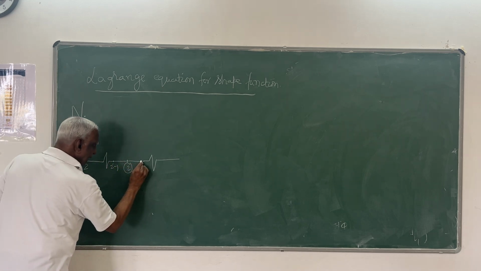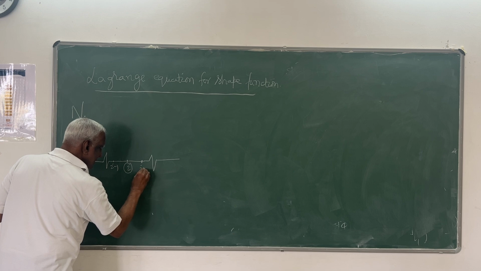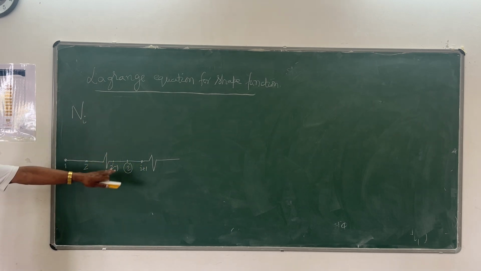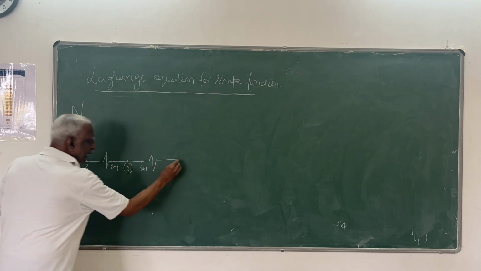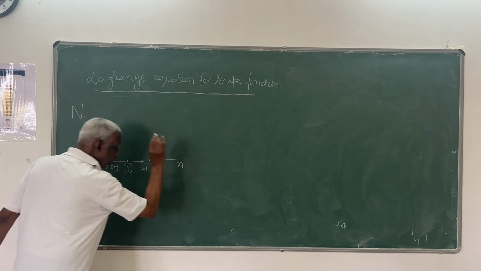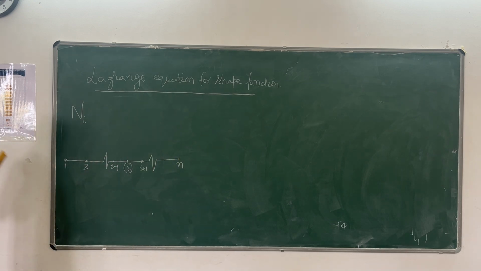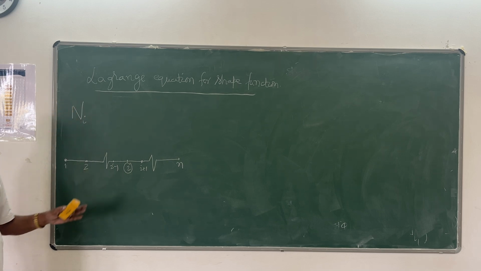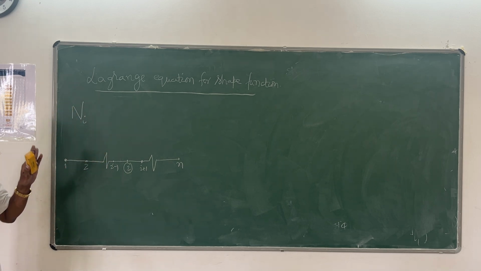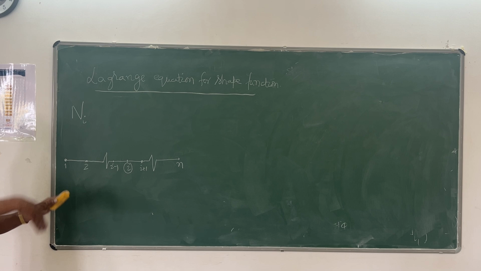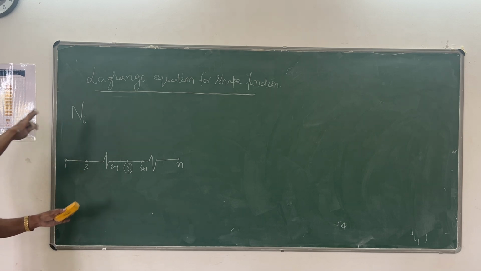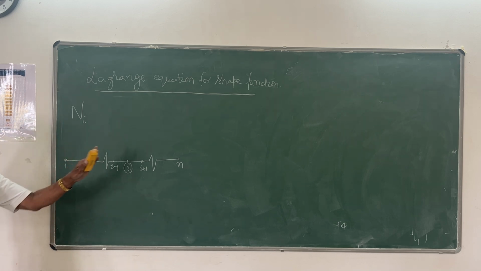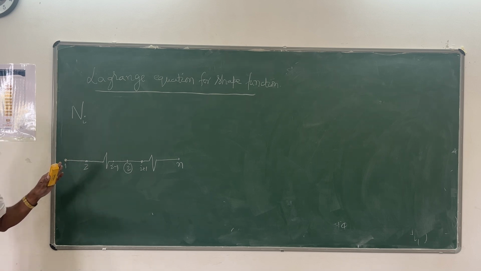Right of that ith node is the I plus 1 node, one after that, in numbering. And this is the last node, n. So there are n nodes along the line, either in the x direction or in the y direction, exactly orthogonal to that. Not inclined, it's only one line at a time.